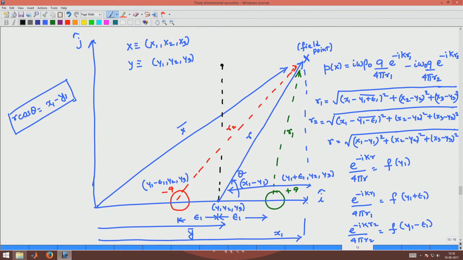The next day the calculation will be repeated with the dipole axis along an arbitrary direction. But the important takeaway from today's lecture, though it is not shown right now, is that these two types of sources, monopoles and dipoles, will make up all kinds of vibroacoustic sources. Any acoustic radiation problem is essentially a collection of monopole and dipole sources. That is left for the later part of this course.